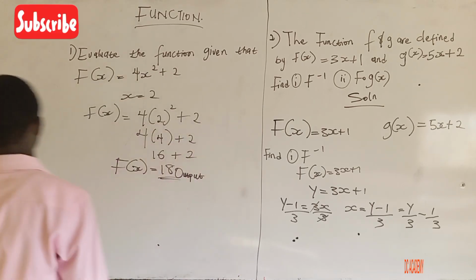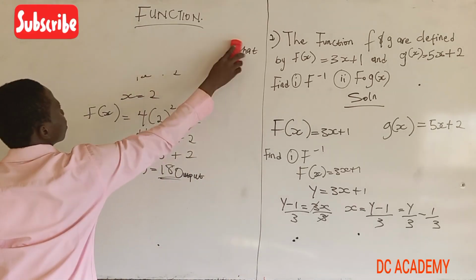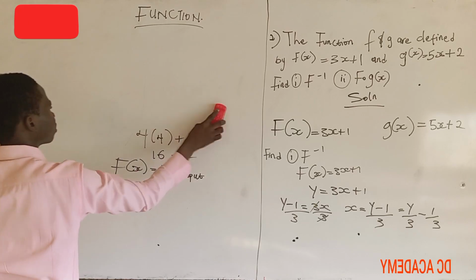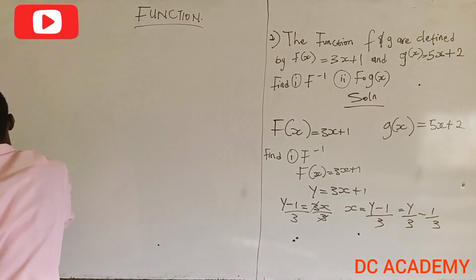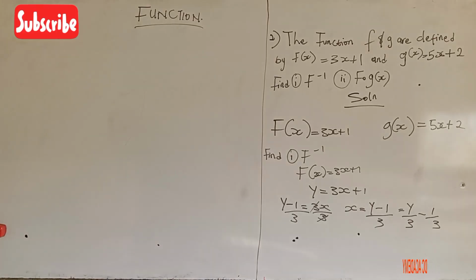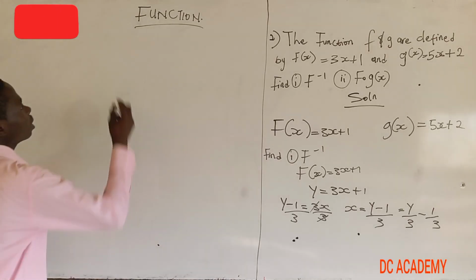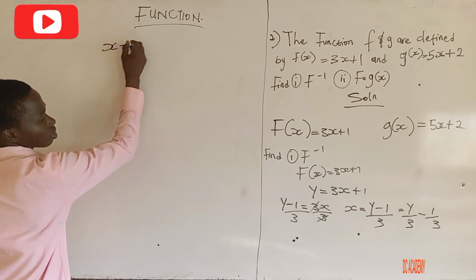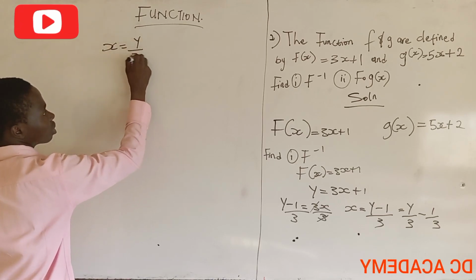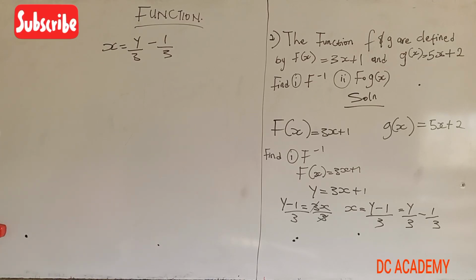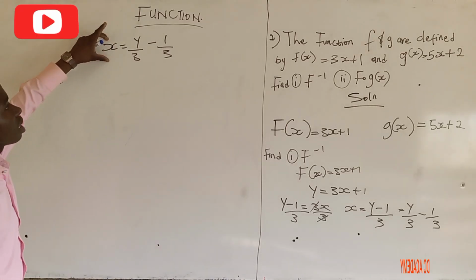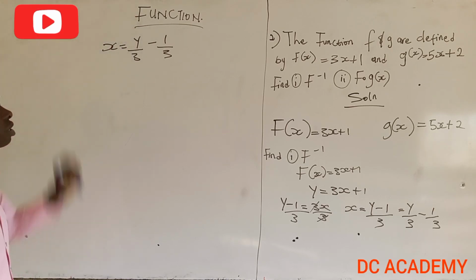After writing this, since we have x equal to y over 3 minus 1 over 3, the next thing to do at this point is to interchange the variables. Let x be here and let y be here.